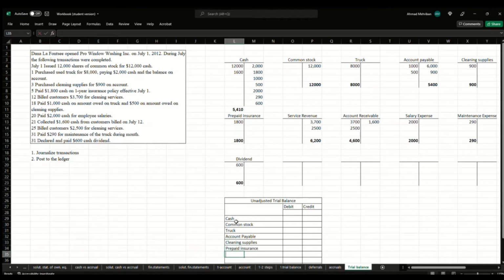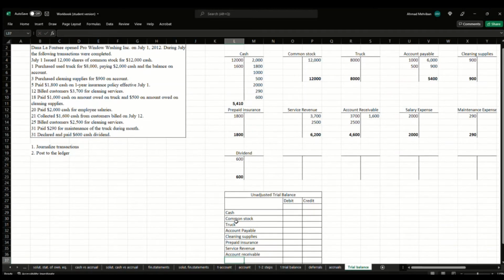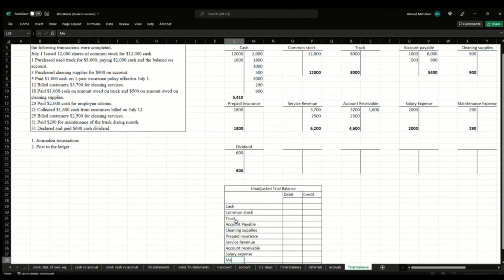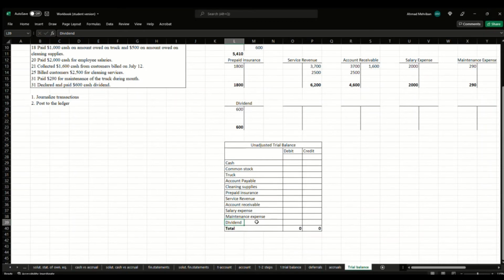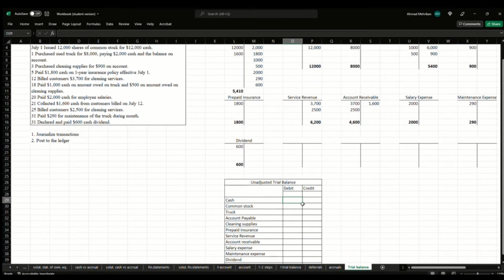Yeah, so you just input it all one by one. Account receivable, salary expense, and maintenance expense, and lastly dividend. This is it. Exactly how many I need.